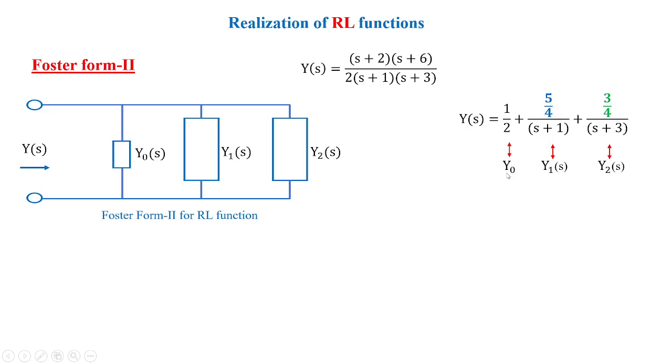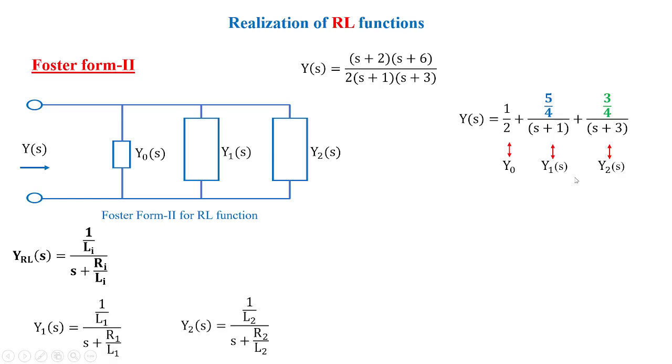So treating the values as Y0, Y1 and Y2 respectively, the solution to this Y1 and Y2 can be obtained by this formula. Y of RL of S can be replaced by (1 by Li) divided by (S plus Ri by Li). Just replace the values of i as 0, 1, 2, 3. We can get the formula representation.